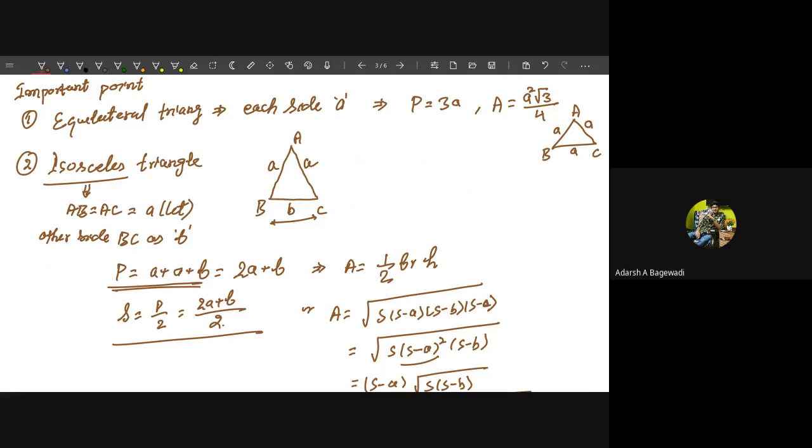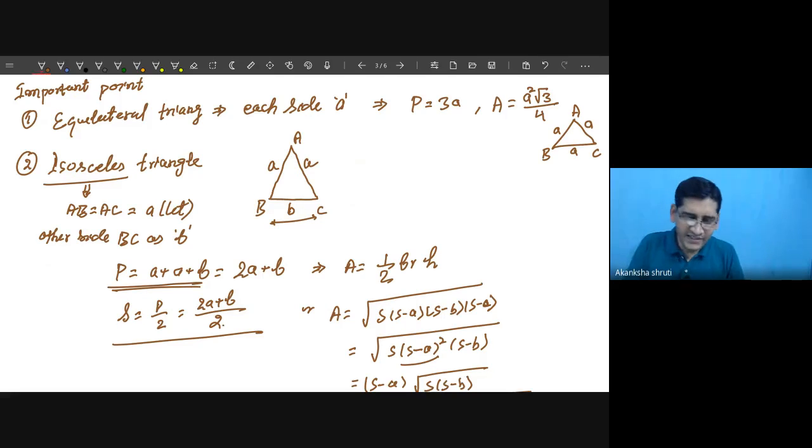Students, if you are given an isosceles triangle, the term isosceles existing in your question simply means you shall take the two sides as equal. Getting? Here I have taken the two sides AB and AC as equal. Remaining all the criteria we can apply with these two sides equal.